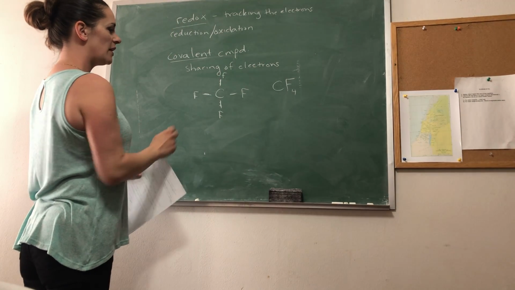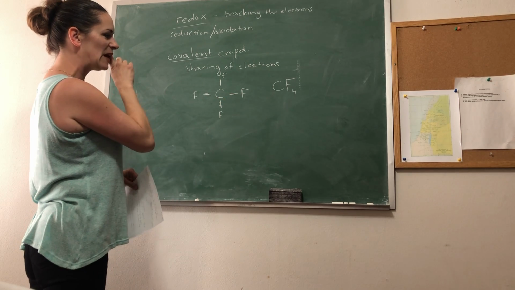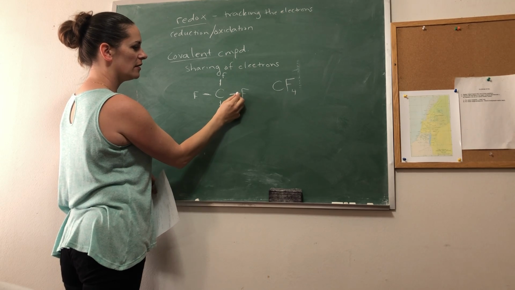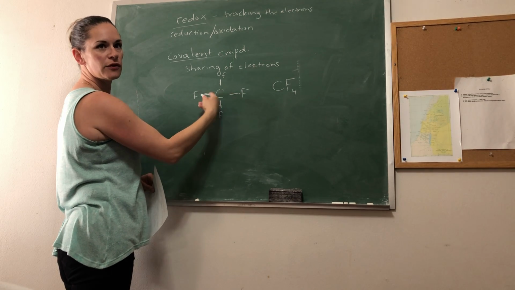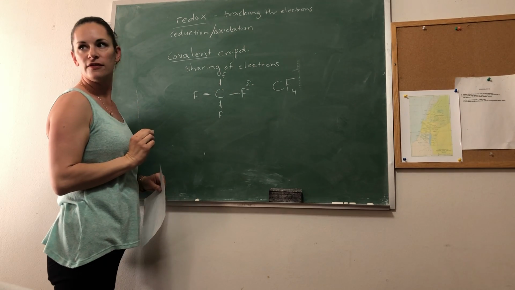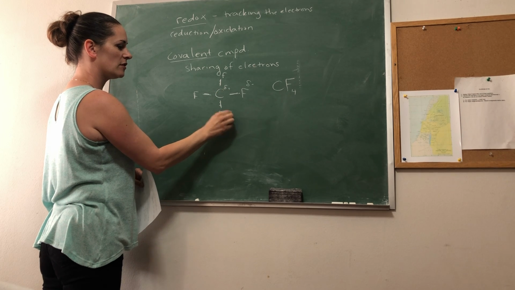So, when we look at a covalent compound in which the electrons are shared, the electrons are going to spend more time towards the fluorine. Even though they're shared, the fluorine's going to pull harder on them. Remember, giving this a slight negative charge, giving the carbon a slight positive charge.